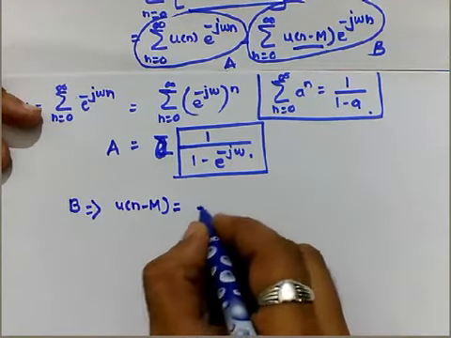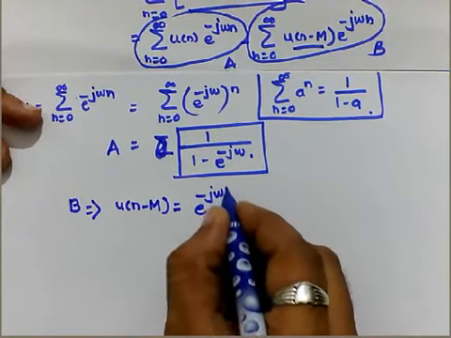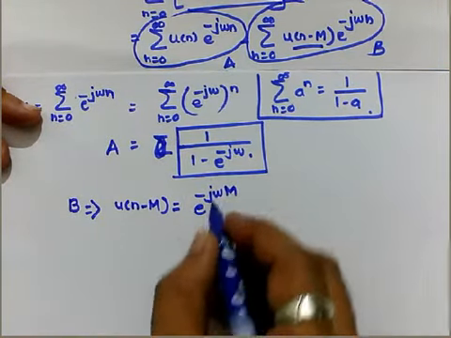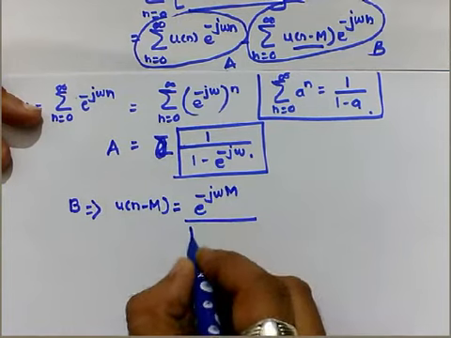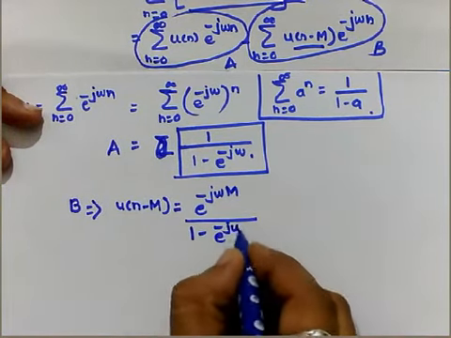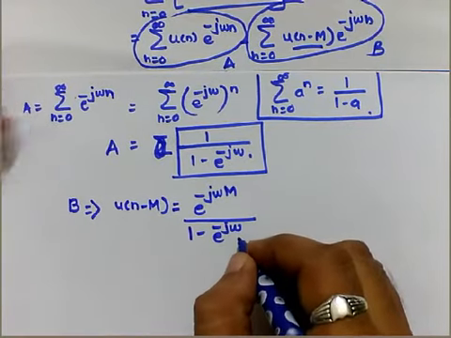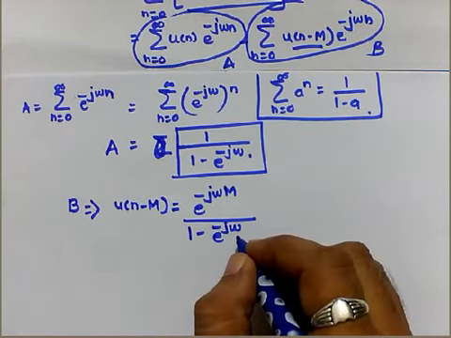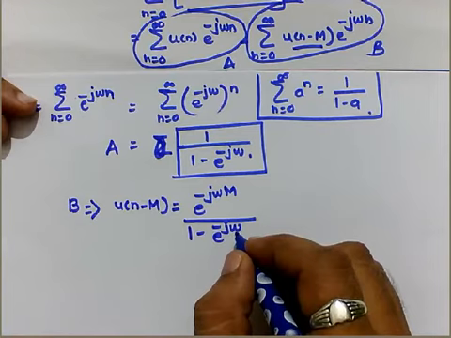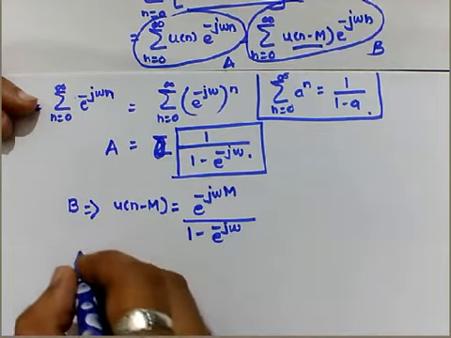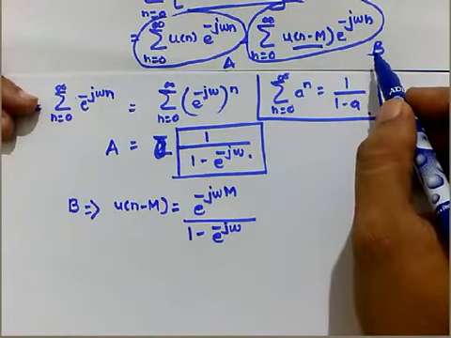It can be given by e raised to minus j omega m times the Fourier transform of u of n, which we calculated earlier, that is 1 upon 1 minus e raised to minus j omega. So this is the equation for solving part B. So part B will be here, and let's apply the same thing and replace it in this equation.